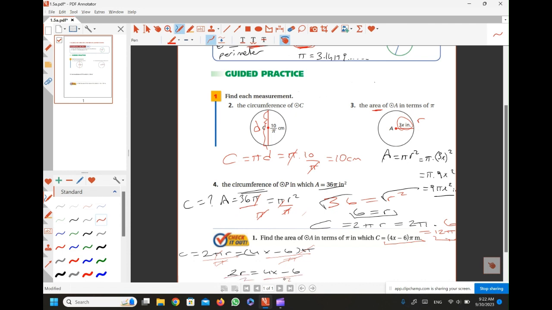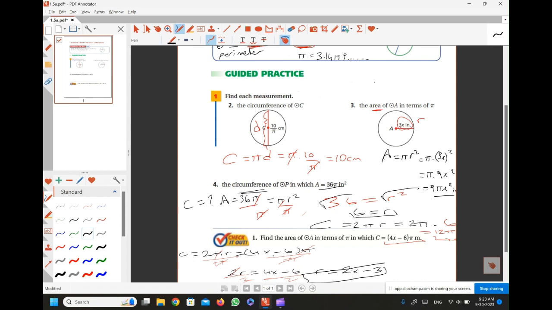Over 2, over 2, the 2's will go. So your r is alone now. R is equal to, you divide everything by 2. 4x over 2 is 2x, minus 6 over 2, which is 3. This is your radius, 2x minus 3.